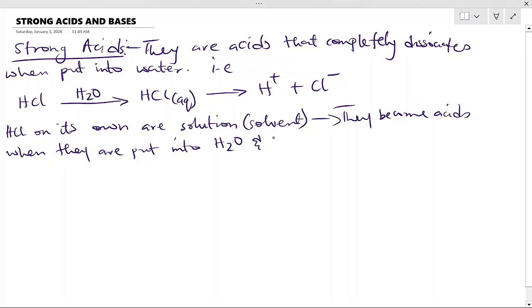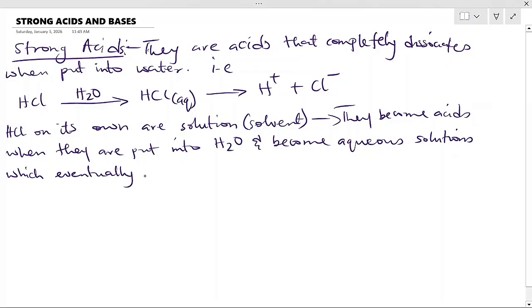By introducing them into water, they become aqueous solutions, and these aqueous solutions, HCl that has become acid, eventually dissociate.